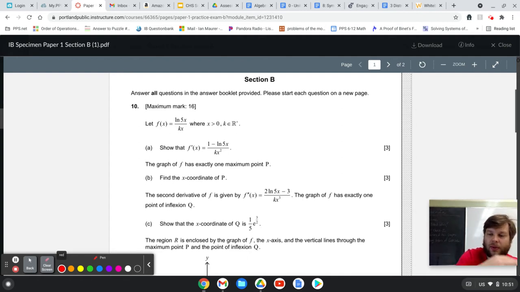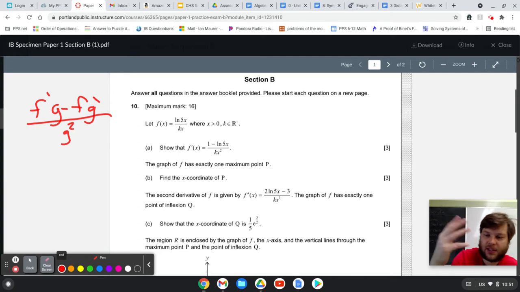If I have a fraction, I have to use the quotient rule. Just for a reminder, the quotient rule: f prime g minus f g prime, divided by g squared. f is the top and g is the bottom. I'm going to do the derivative of the natural log of 5x. That's f prime. So the derivative of natural log of 5x is 1 over 5x times 5.